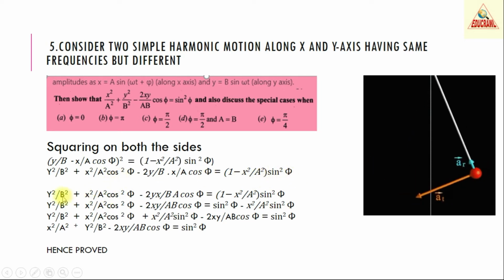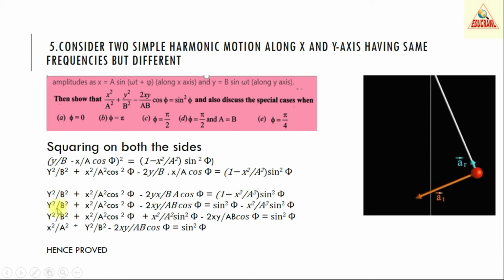Now simplifying the equation, we have y squared by b squared plus x squared by a squared into cos square phi minus 2xy divided by ba into cos phi is equal to 1 minus x squared by a squared into sin square phi. Now in the RHS, we take the sin square phi inside the bracket. We are going to multiply the sin square phi inside each term.